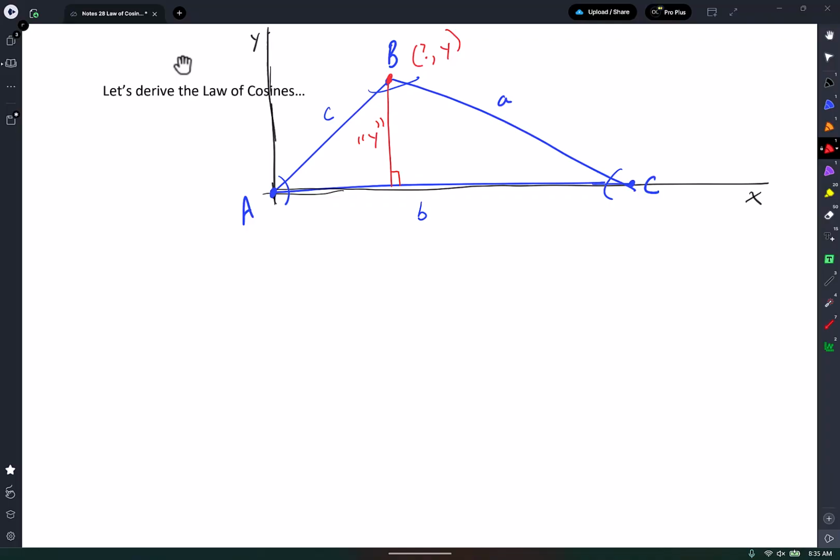I'll slow down. Since I called vertex B x comma y, do you agree that this in red has to be x? Okay, perfect.